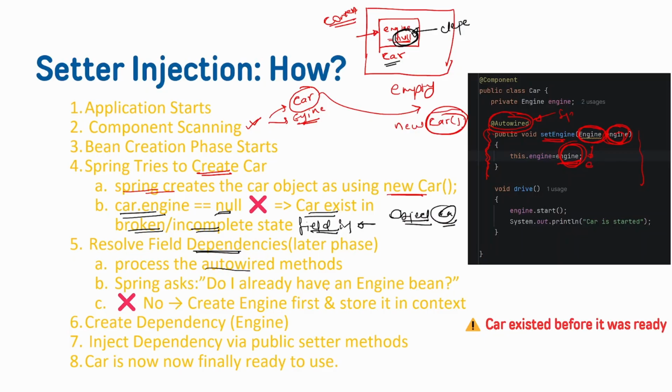So it will ask, do I have an engine bean? If the engine bean exists, then it is directly injected, but currently there is no engine bean. So first it will create the engine dependency and store it in the context.